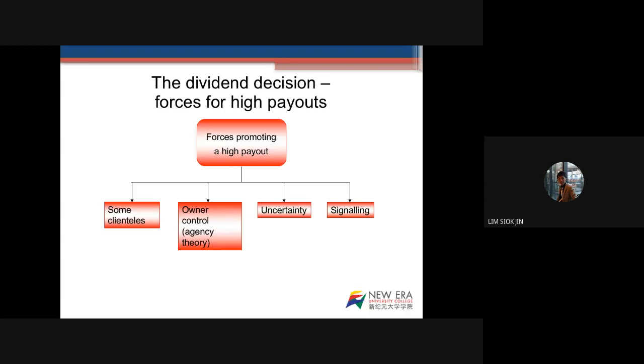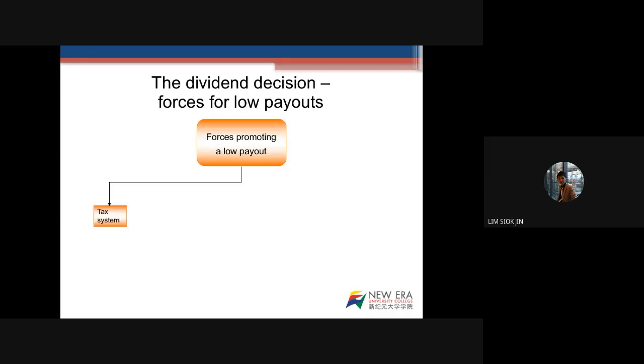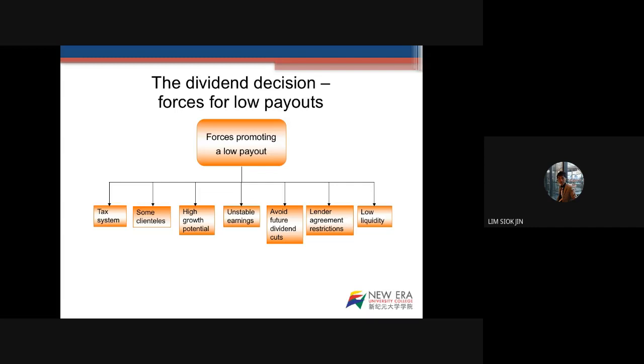So the manager has to make sure that the company makes high profit in order to continue to pay high dividend. If they cannot pay high dividend, then the owner can use this excuse to remove him, to change manager. So they can control them. Some managers are very powerful, even owners cannot control.